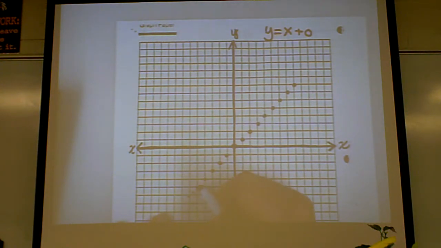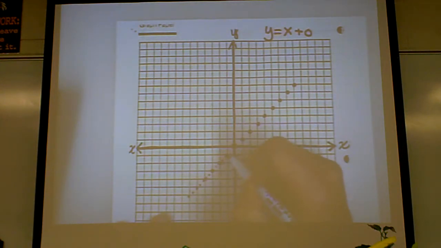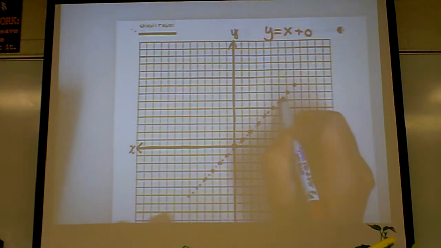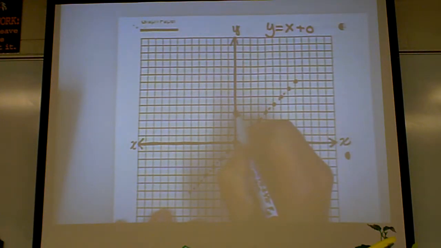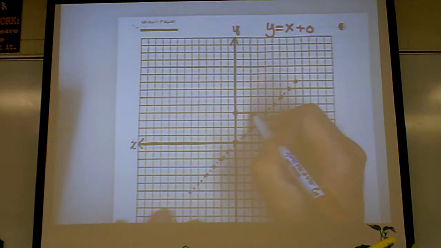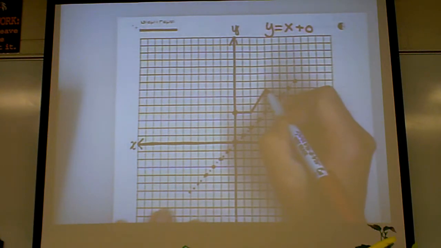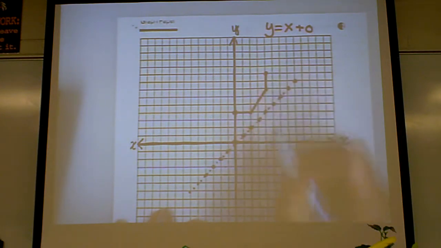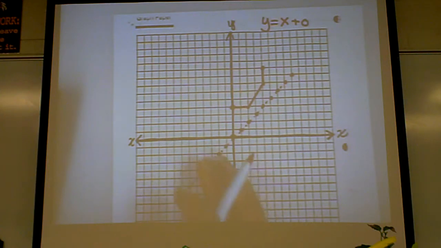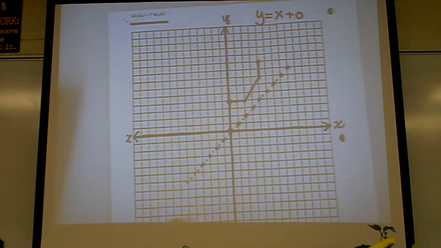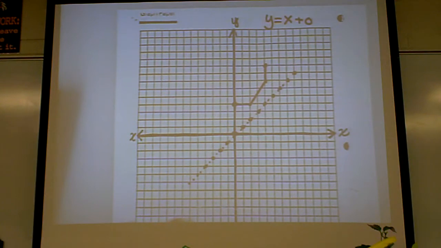Now, I am not going to connect these dots because it's not part of my graph. If I wanted to reflect this over this line, do you have an idea of where it would be?